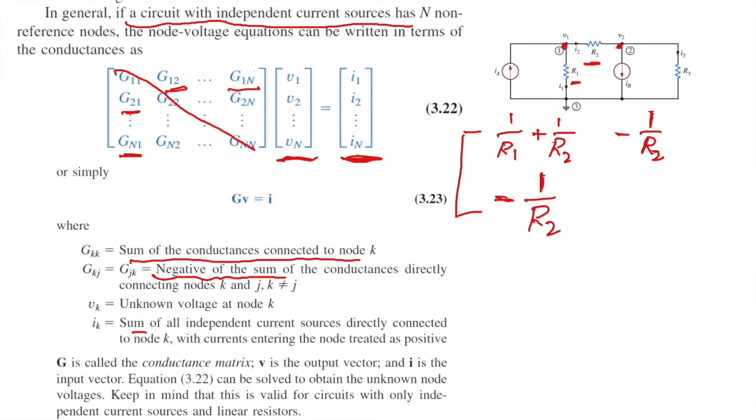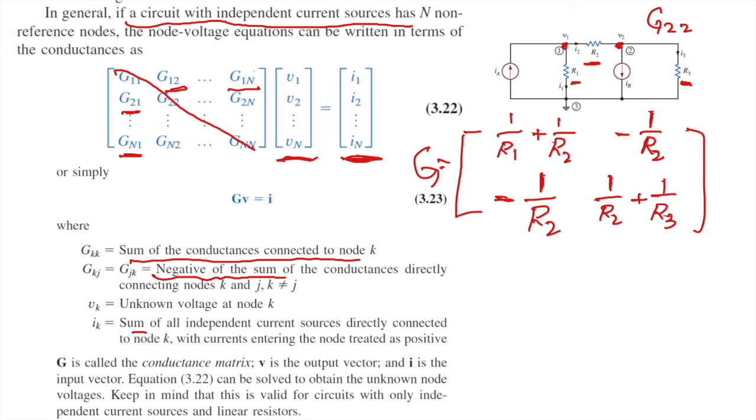So this is also negative 1 over R2. How about G22? Let's take a look at node 2. R2 and R3 are connected to the second node. So it equals 1 over R2 plus 1 over R3. So this is our G matrix.